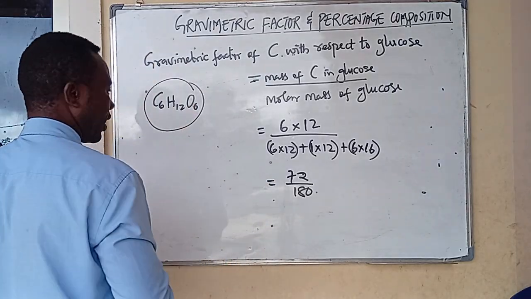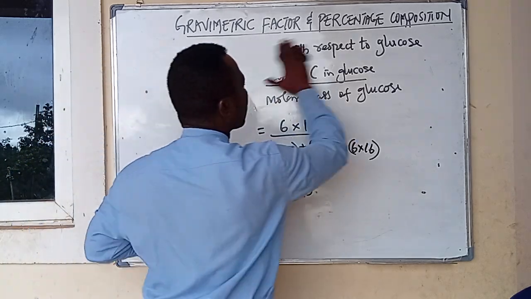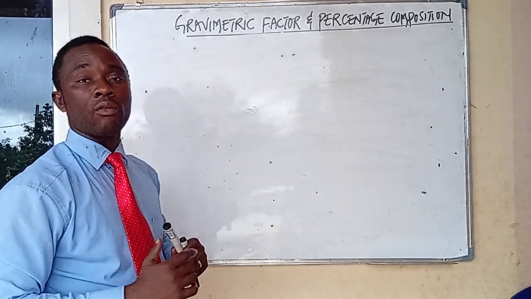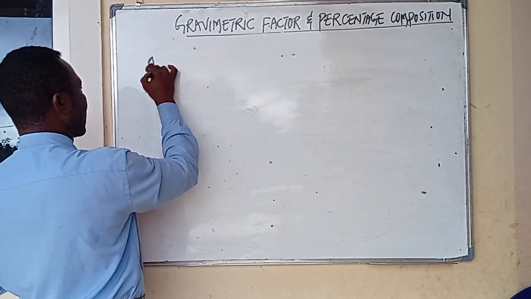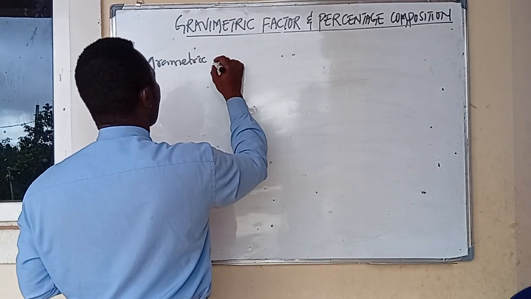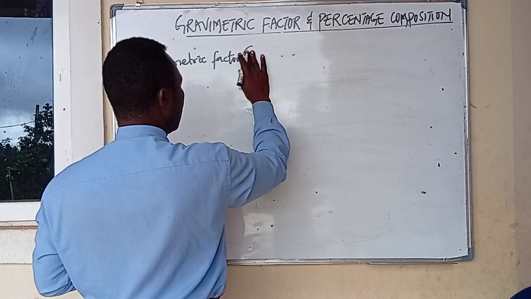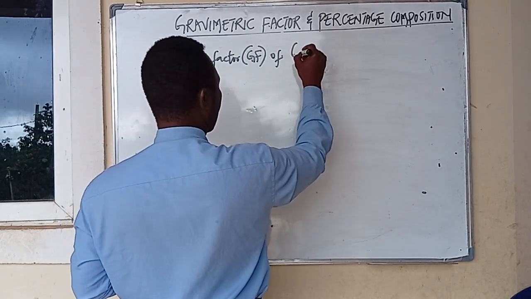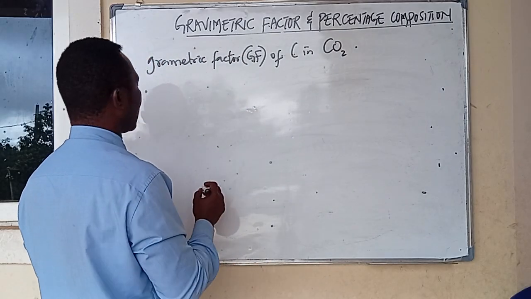So that should be 72 over 180. So we take another example to get the gravimetric factor of carbon in carbon IV oxide. GF, gravimetric factor of carbon in CO2. How do we get it?